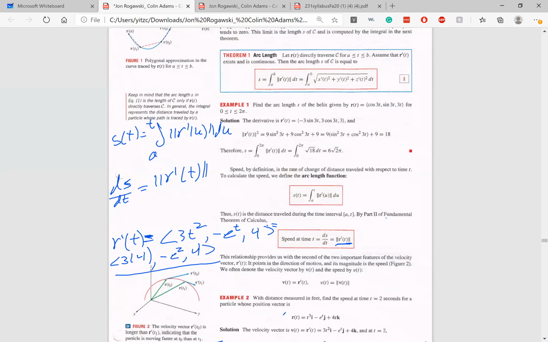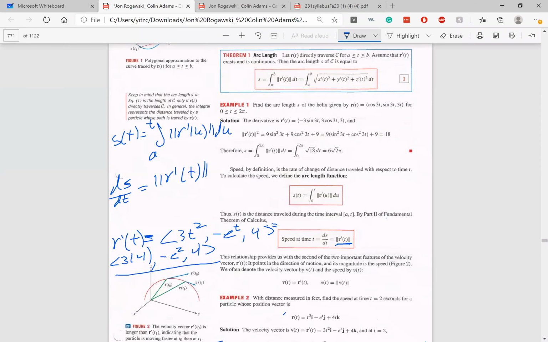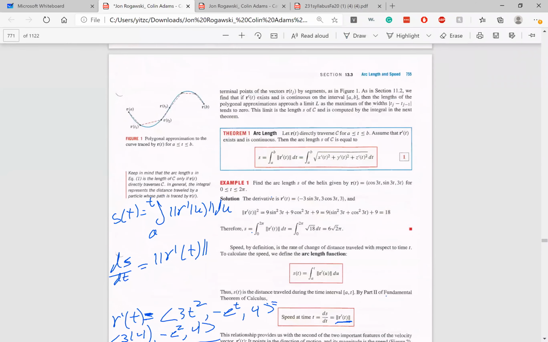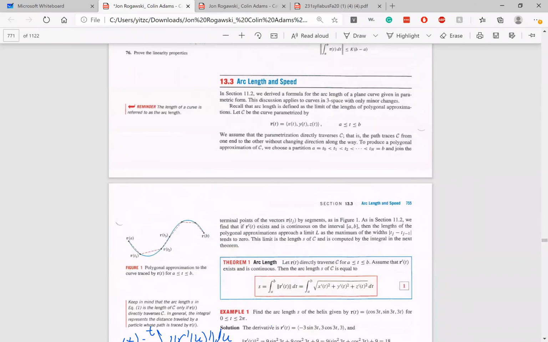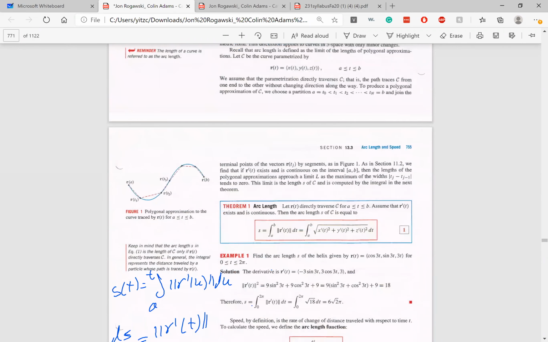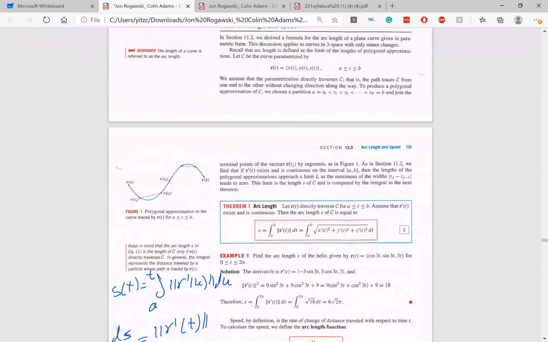In general, the fundamental theorem of calculus connects these velocities to the arc length. But I would actually say a better way of seeing how you can get this formula is by looking at this graph over here.